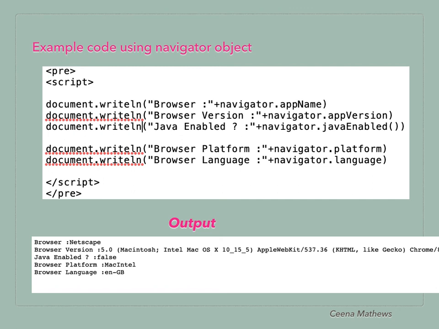Other information is provided here, and whether Java is enabled, that is, we are using here the javaEnabled method, for which it displays the answer as false. And browser platform gives the platform that is used here, that is MacIntel, and the browser language has been specified as EN-GB, which indicates British English, United Kingdom English.